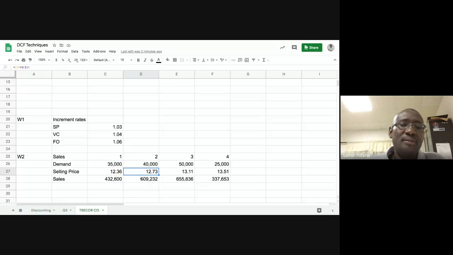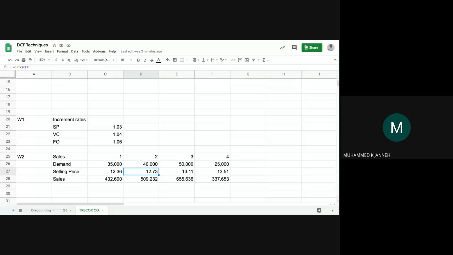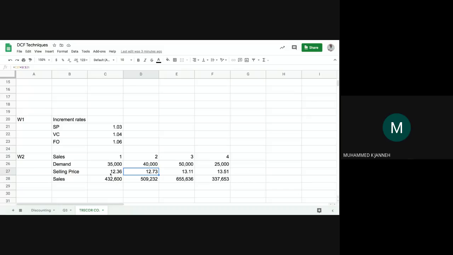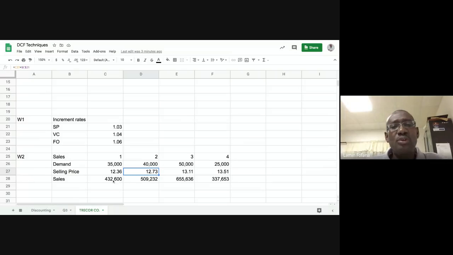So what you have in C27, on the writing I can put the two decimal places, but what you should do is use the cell reference for C27 and multiply it by C21.